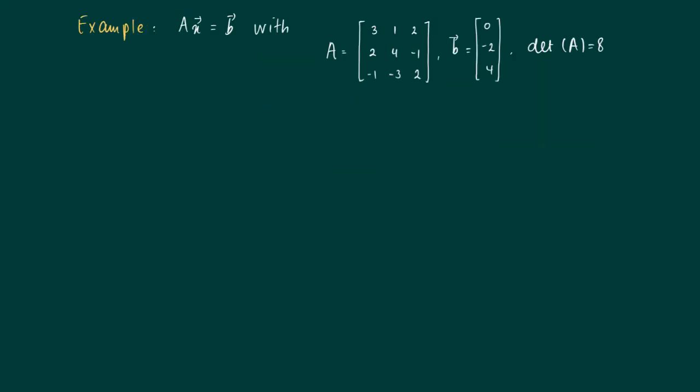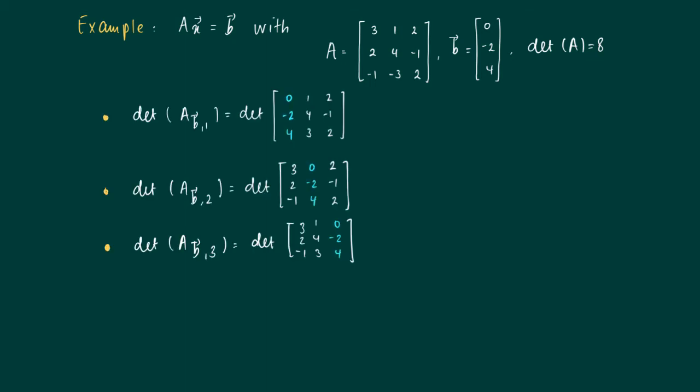So now we discuss a little bit larger example of a 3 by 3 matrix A, of which we know the determinant is 8. Then we calculate 3 different determinants. So we interchange the first column over here, the second column over here with b, and the third column over here.